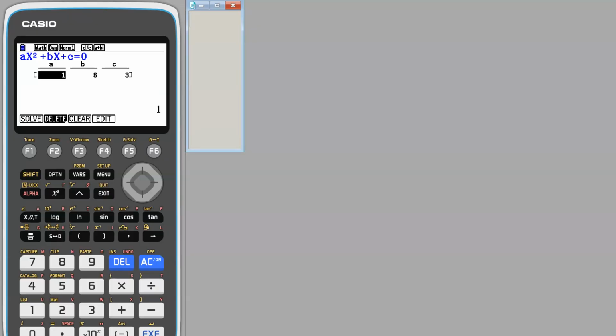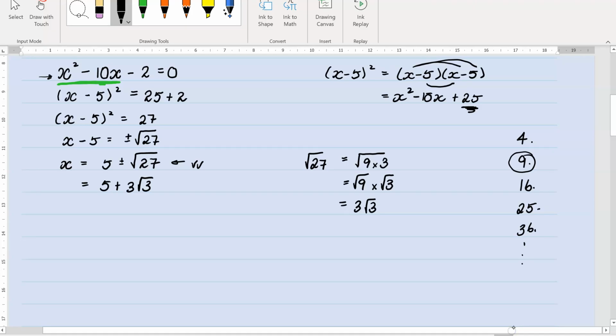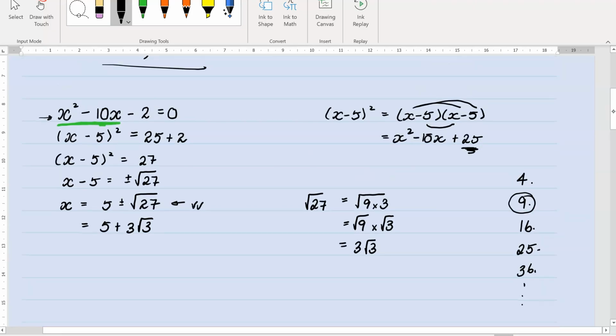So we go back over here, 1's already there, use my arrow key, 1, 10, 15, and we're hoping that when you do the complete the square, this is the answer that you get. All right, so give that a go. Go back, follow the example that we have here. All right. Hope that is helpful to you.